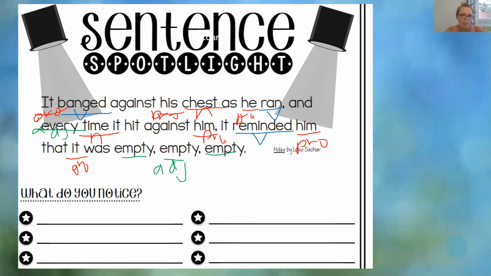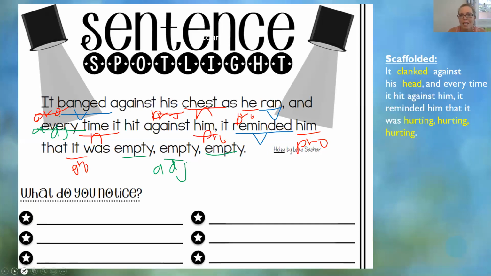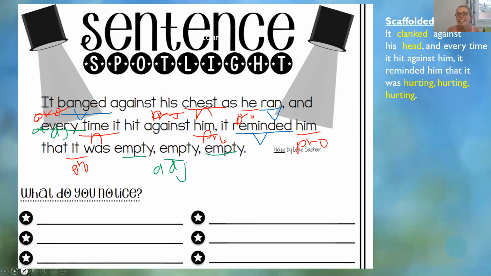Now, of course, comes your task where you need to scaffold the sentence and then make it your own. So for example, if I were going to scaffold my sentence, I might say something like this: It clanked against his head, and every time it hit against him, it reminded him that it was hurting, hurting, hurting.